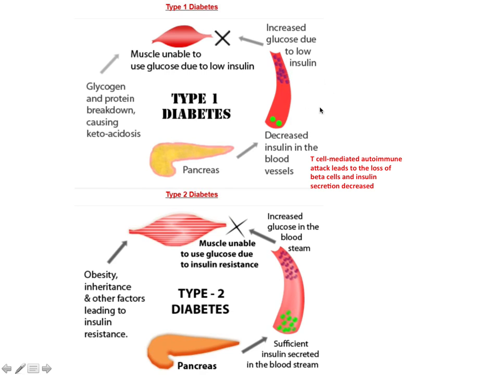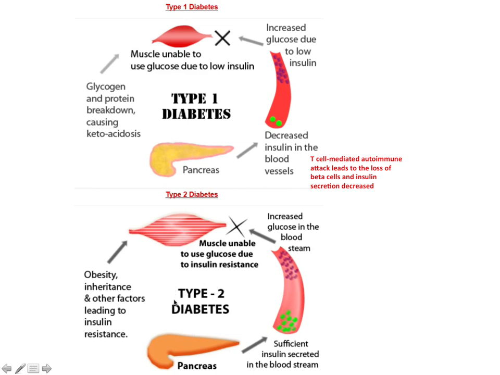When insulin production is decreased, glucose level is increased, and muscles are unable to use glucose due to the low insulin. Glycogen and protein breakdown also occur, and it can cause ketoacidosis, and finally in ketoacidosis muscles are also unable to take in glucose.